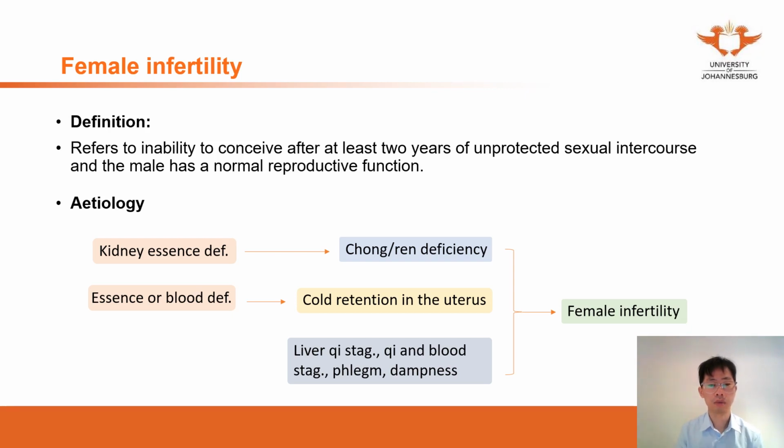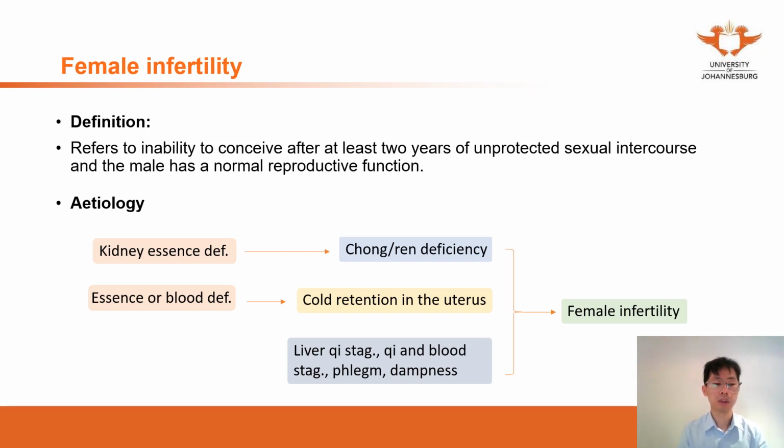For yang deficiency: cold hands, cold feet, dysmenorrhea, painful menstruation with clots. You see, all these link nicely together. The symptoms you have studied in menstruation and in amenorrhea can all contribute to your diagnosis of infertility.